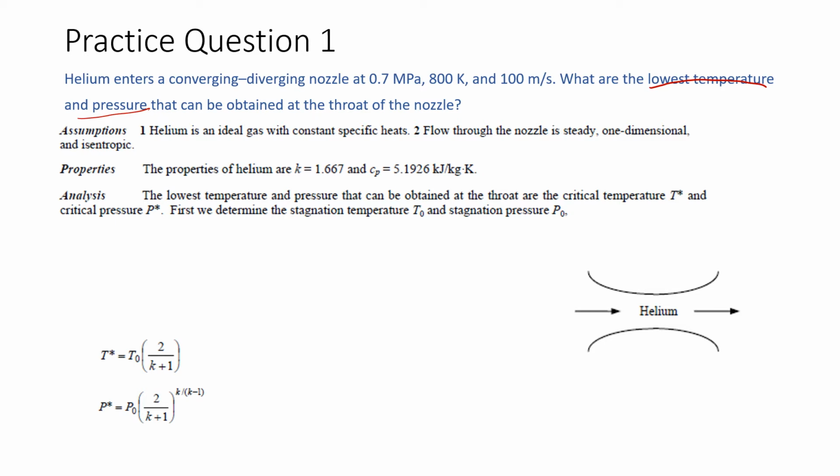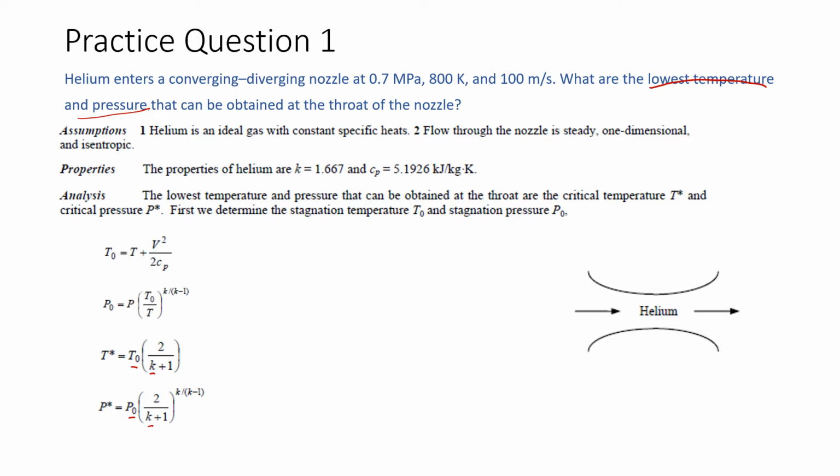We learned this in the previous video. If you look at these equations, you will see that you need T0, or stagnation temperature, and K for temperature, and then for pressure we need stagnation pressure and K. Of course we have K, we just need to find the stagnation properties first.